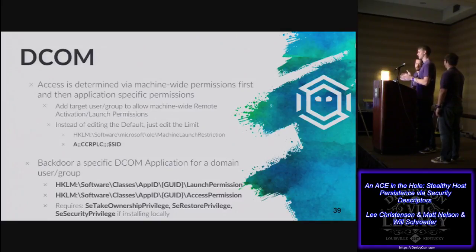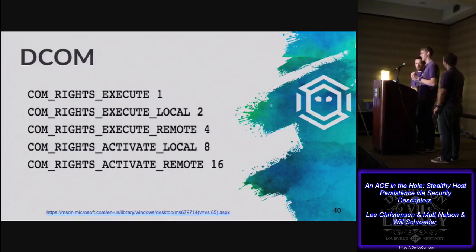Typically, that's restricted to administrators, backup operators, the remote DCOM group, etc. You have to add a DACL to that specific object in the registry, which has a path there. That allows that SID to pass the first checks for DCOM. After that, it's application specific, which are those two values there. You have to have specific privileges to set those locally.